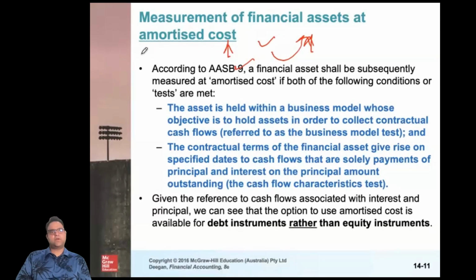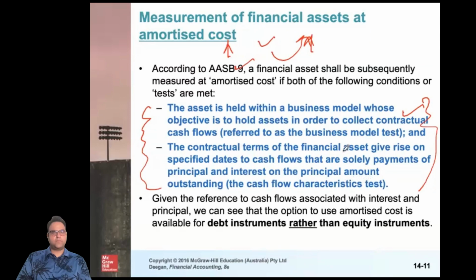They say that in order to have amortized cost, two criteria need to be fulfilled. Number one, the company holds that asset rather than using it for trade. Second, the contract terms are fixed.